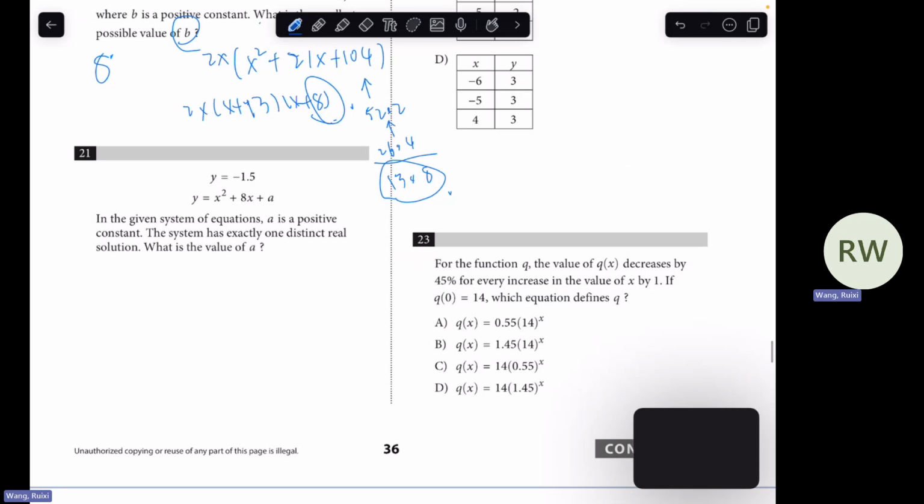In a given system of equations, a is a positive constant. One distinct real solution. Okay, so it looks like this. It opens up and intersects with -1.5, right? I should draw it like this, right? Something like this.